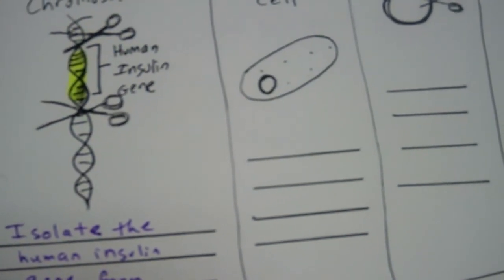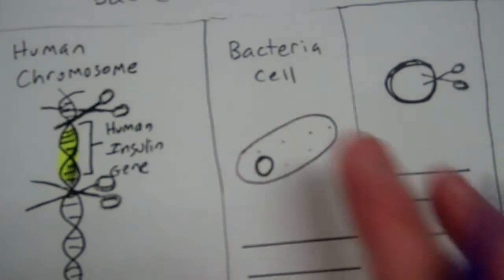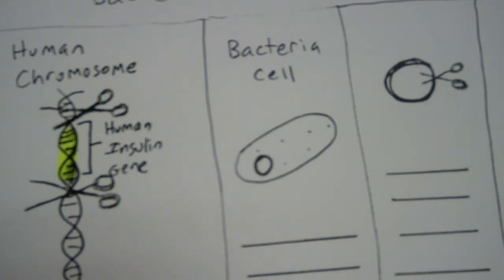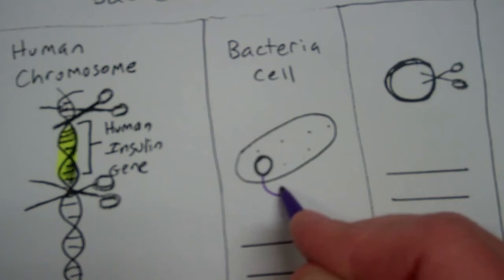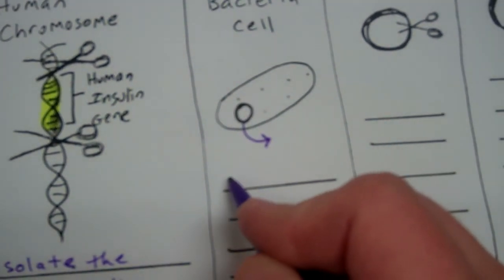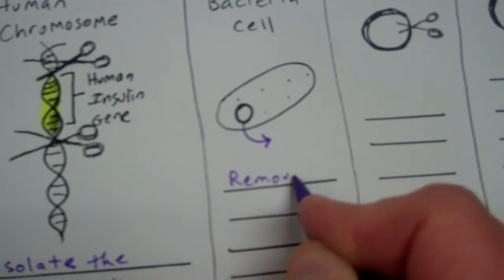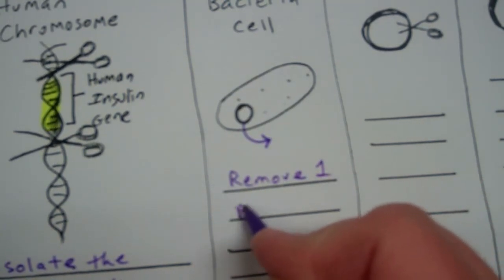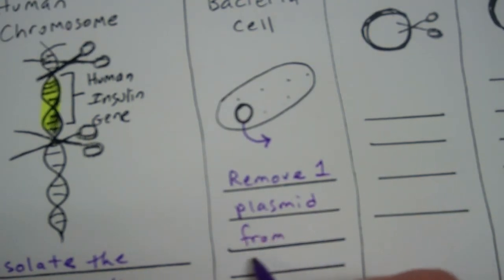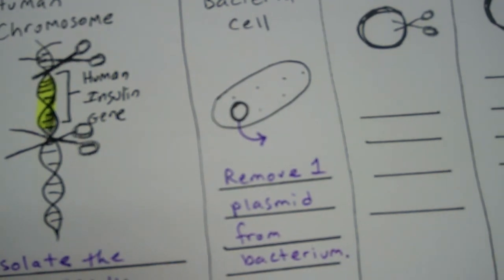Next, we are going to take a bacteria cell, and it's got a plasmid, as you can see. We're going to take that plasmid out. So scientists will take the plasmid out of the bacteria cell. So remove one plasmid from the bacterium, single cell.